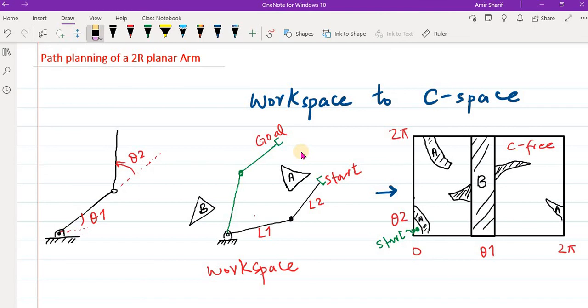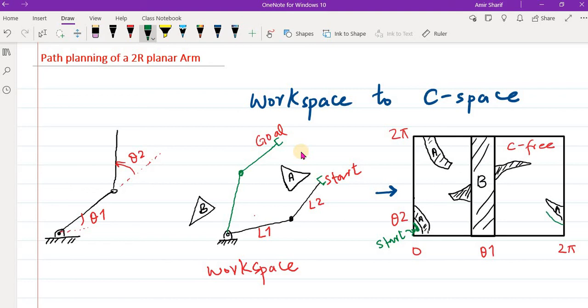Otherwise there is no chance to avoid this obstacle. Okay, and here how we can draw it, when theta 1 will decrease and theta 2 will increase, it will be like this. Okay, and then it will come from here.